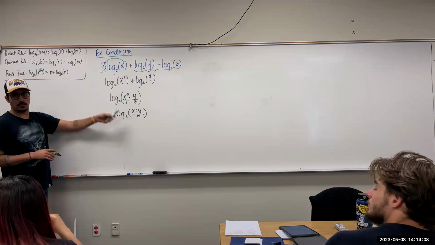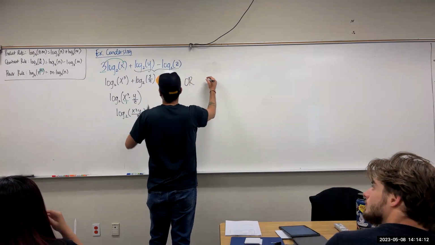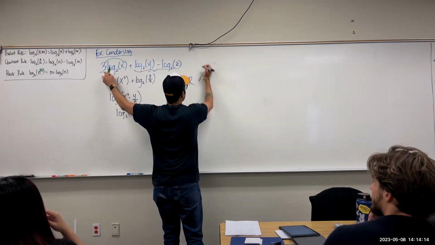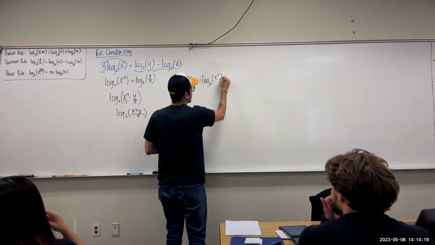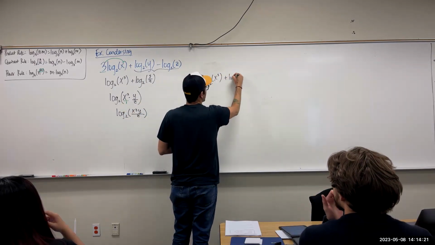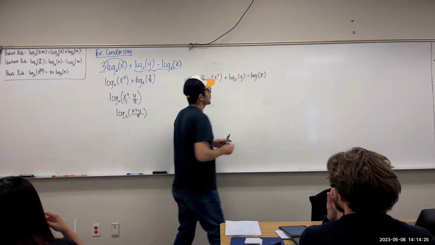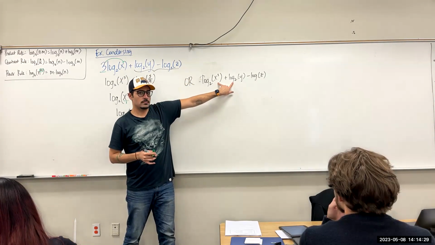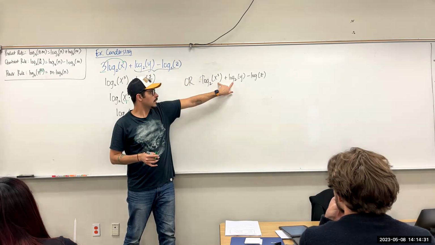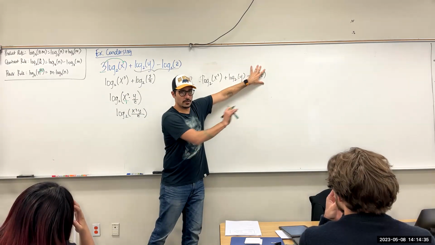You could have done this a different way. Let me show you guys another way that you could have done it. I did the power rule, right? I brought that 3 up there. Let me just write what I had earlier. What you could have also done is you could have done the product rule here. What happens if these 2 are adding, right? We'll leave this one off on its own.